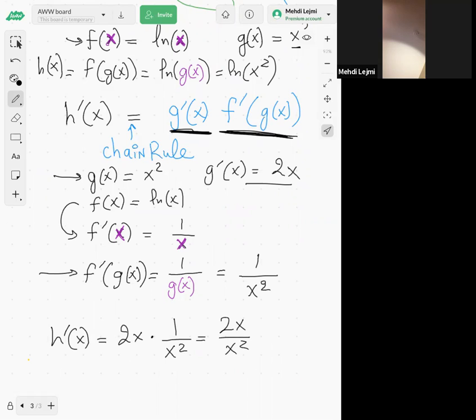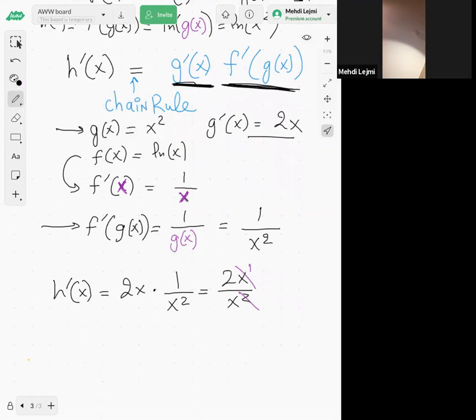So x over x squared, subtract the powers: this is power 1, so it's 2 minus 1, so it's just 1. So it's 2 over x. So the answer h prime is equal to 2 over x.